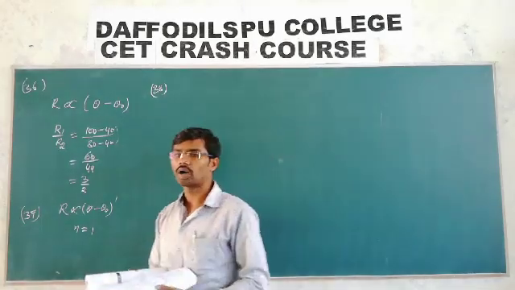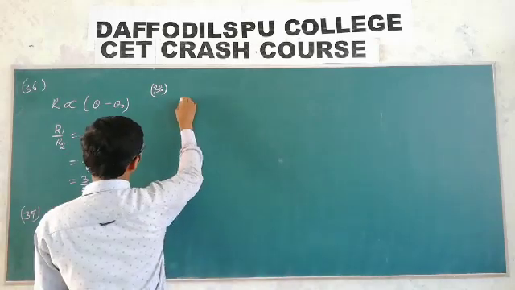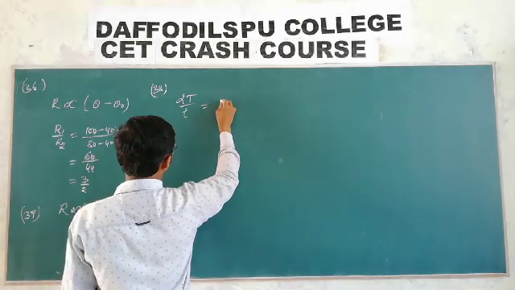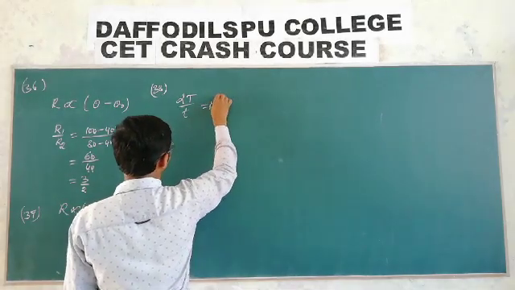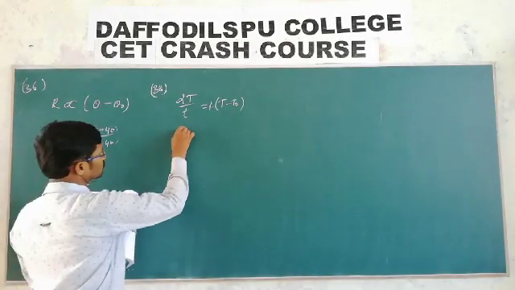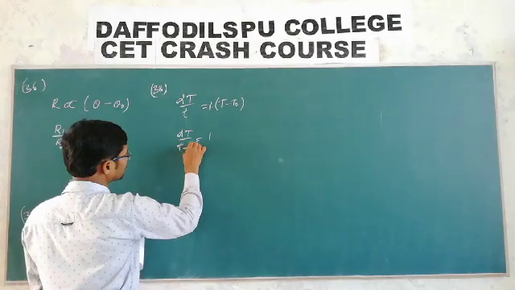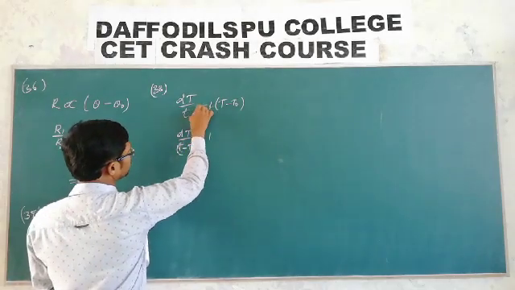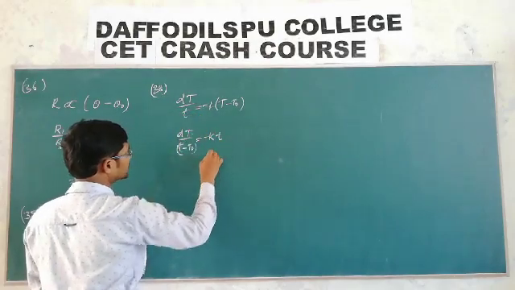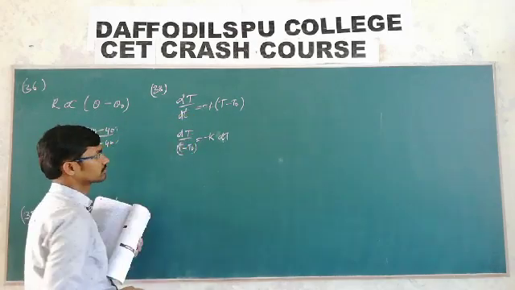Let us see the formula: dT by dt is equal to minus k into (T minus T naught). From this, dT by (T minus T naught) is equal to minus k dt, negative because the temperature decreases.